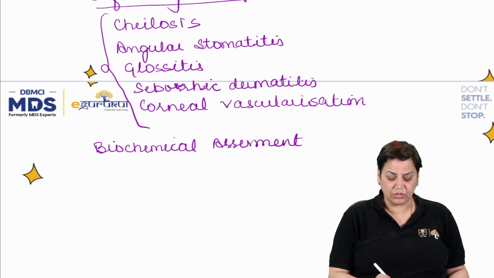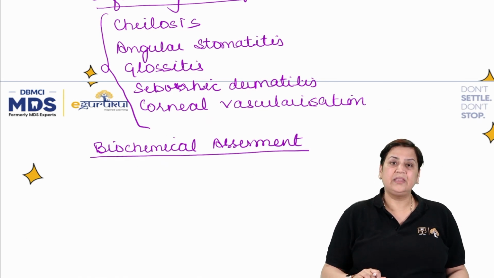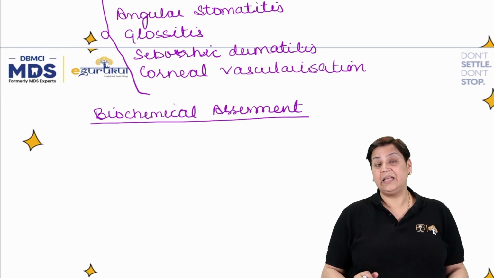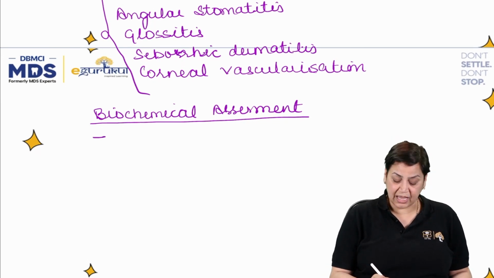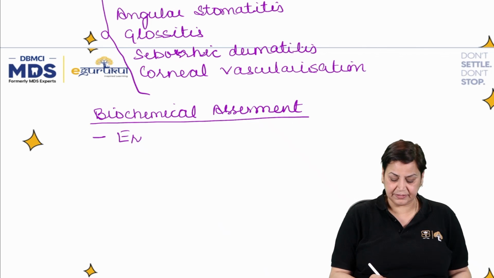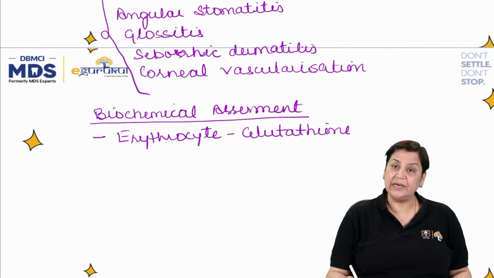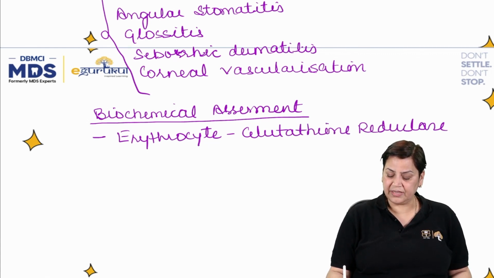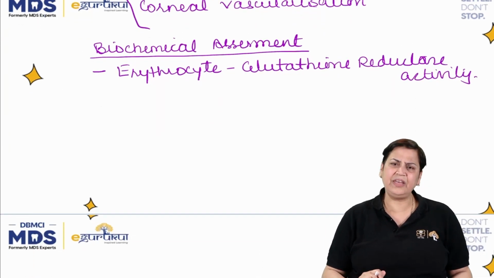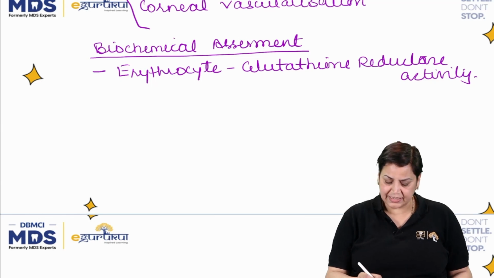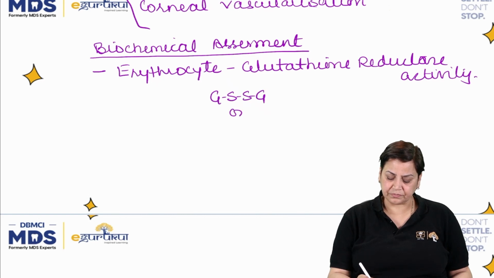Now, if we talk about the biochemical assessment, the most important one here is erythrocyte glutathione reductase activity. Basically, this is very, very important. Glutathione is present in 2 forms: oxidized and reduced.